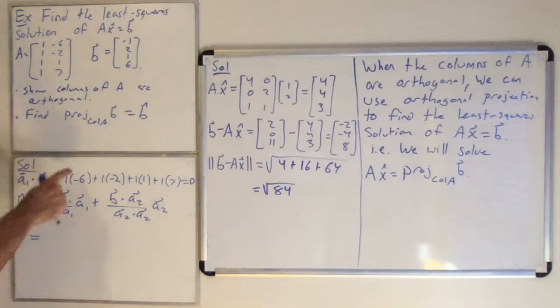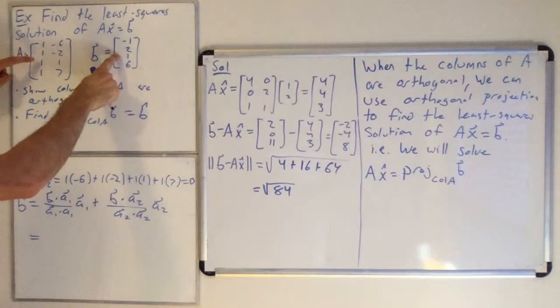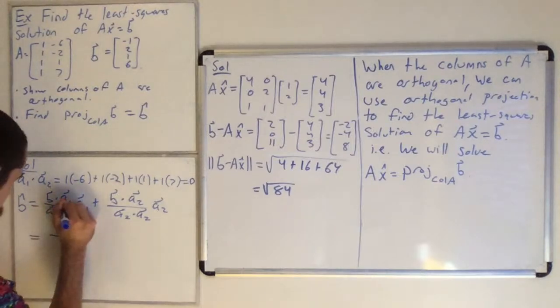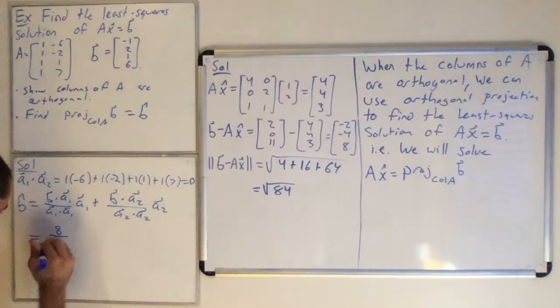So B dot A1 is -1 plus 2 plus 1 plus 6. So that's 8. A1 dotted with itself is 1 plus 1 plus 1 plus 1, which is 4.